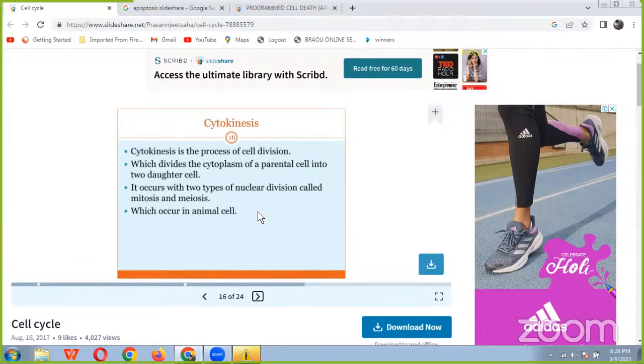It occurs with the two types of nuclear division, mitosis and meiosis.